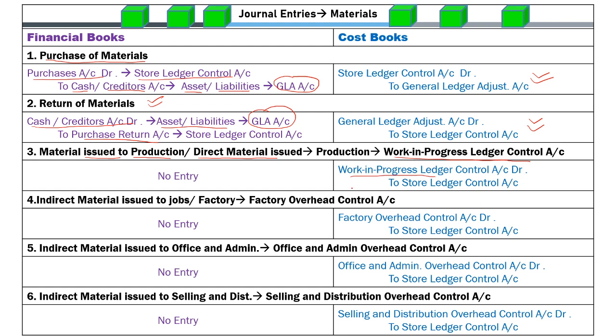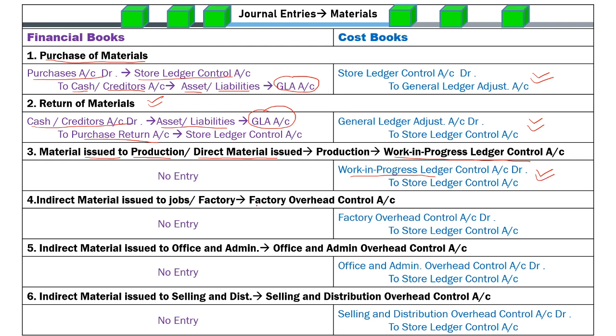Where the material is issued, that account is debited, and store ledger control account is credited because raw material is reduced in the store.